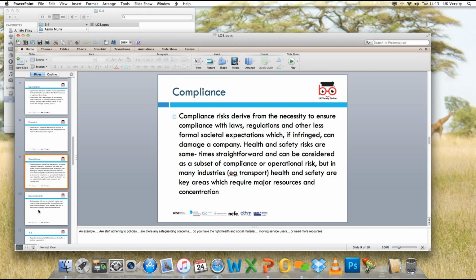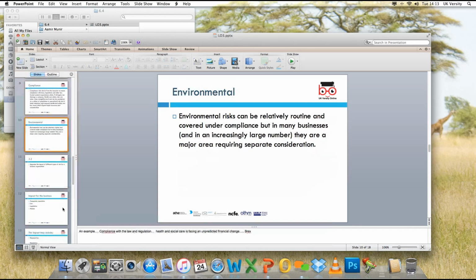And then you've got environmental factors. Environmental risk can be relatively routine and covered under compliance, but in many businesses there are major risks requiring separate consideration. So within that, compliance is again linking to your law and regulations.